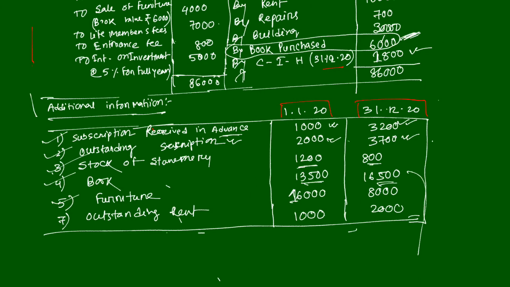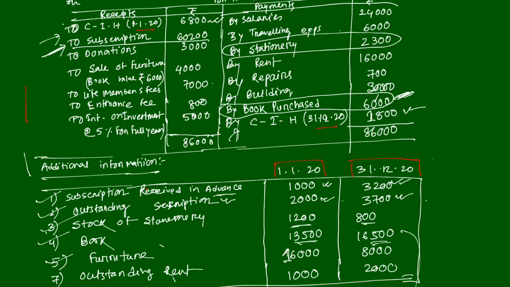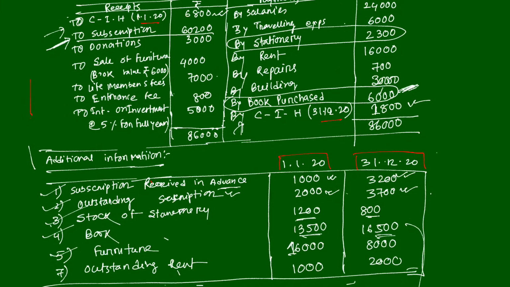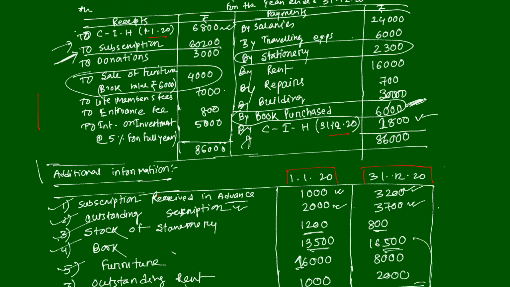Now that next part is furniture. Here it is written any furniture related things. Furniture is written 4,000, 16,000 and 8,000 is written here, furniture in your additional information. And here in your receipt payment account it is written sale of furniture rupees 4,000, and the book value is rupees 6,000.